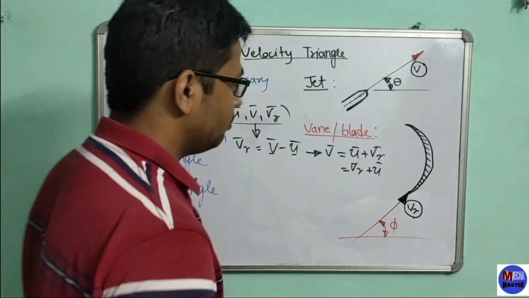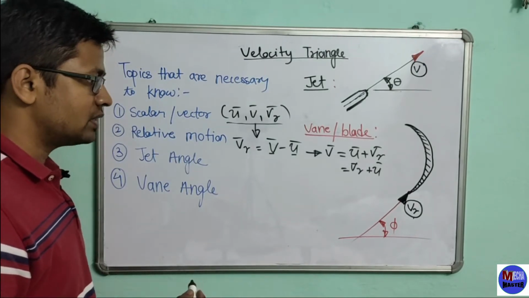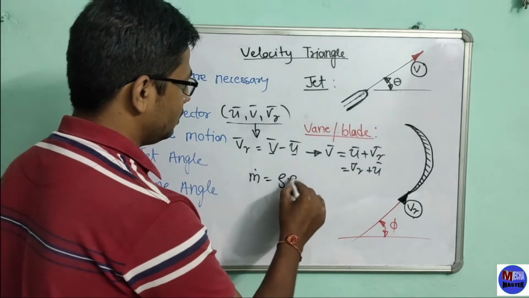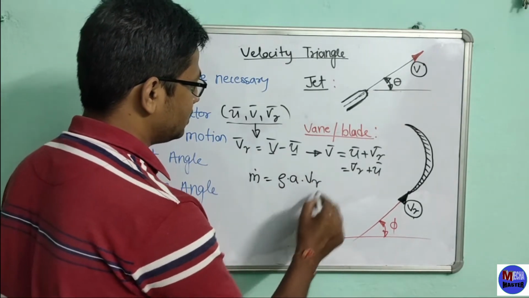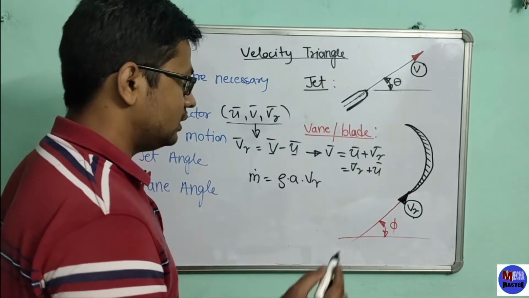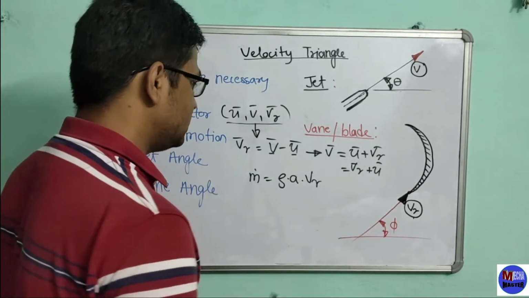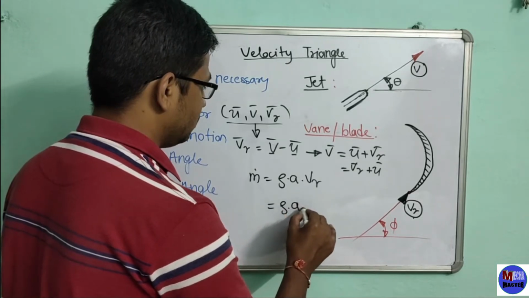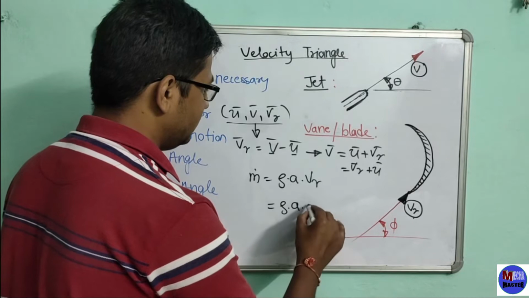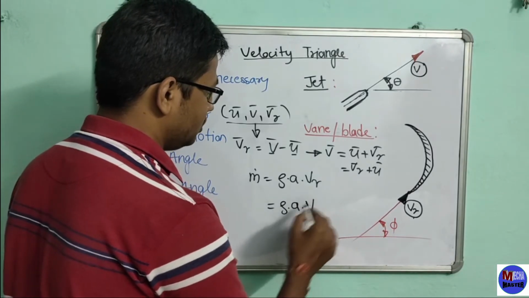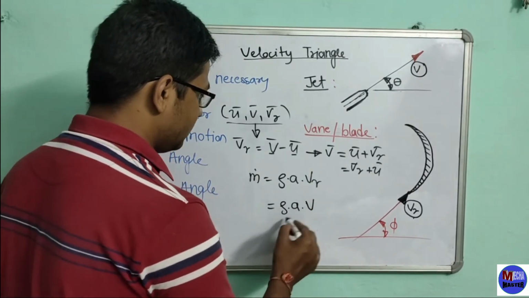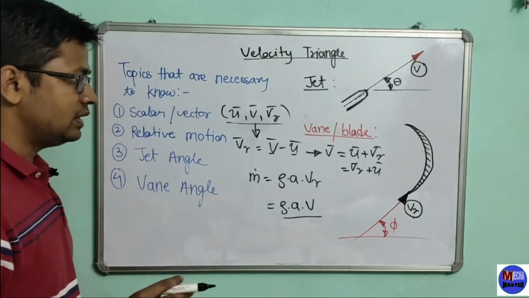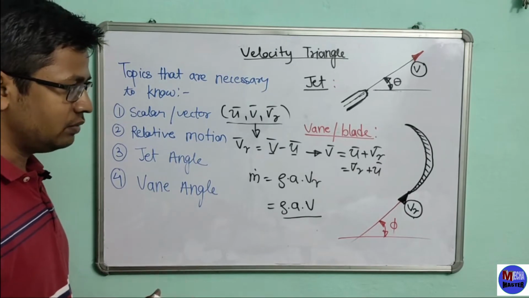Relative velocity is very important because it will help you in finding the mass flow rate, because mass flow rate is defined as rho into area of jet and relative velocity, and if the vane velocity is 0, then this will be rho into area of the jet and velocity of the jet. And this is the similar formula that is going to help you in the turbine case, where a series of vanes will be used.